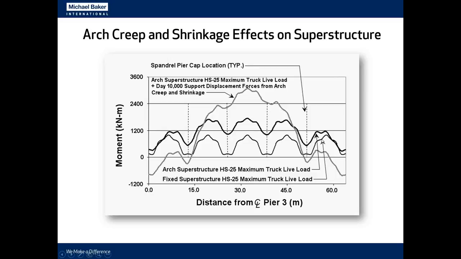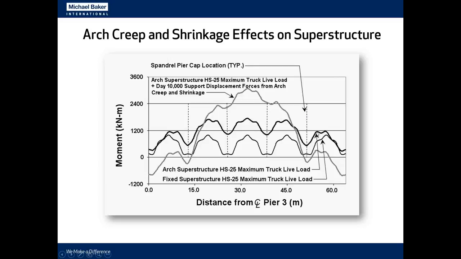The light black line here just represents arch superstructure moments just due to the HS25 maximum truck load. Then the light black line would be for a superstructure with the same span lengths, but on fixed supports rather than the actual spandrel columns that are supported by a somewhat flexible arch.